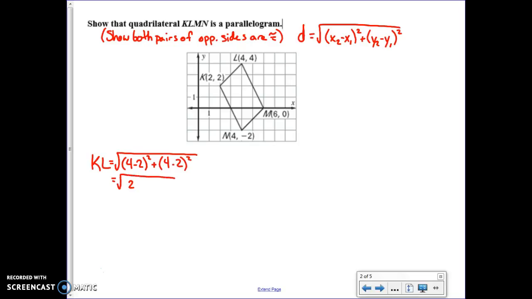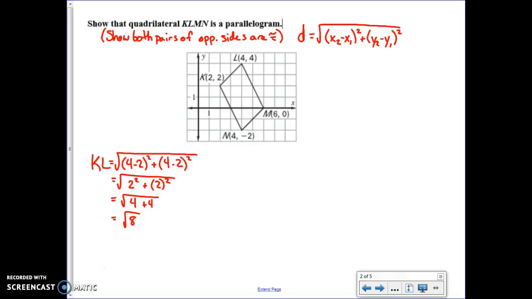So 4 minus 2 is 2. 4 minus 2 is 2. So 2 squared is 4. So I have 4 plus 4 is the square root of 8. Now remember, you can go ahead and simplify that. But if we're trying to just test if something's the same, it's okay if we just leave it like that.